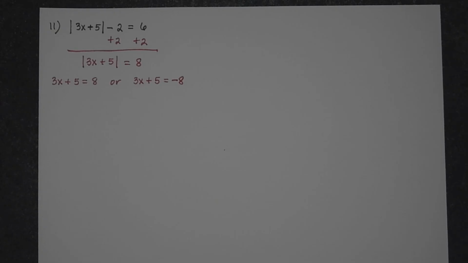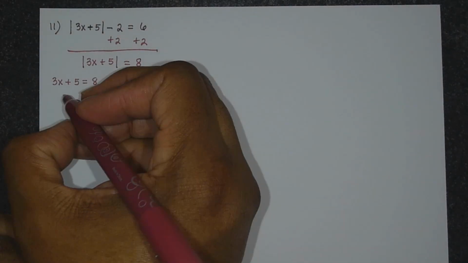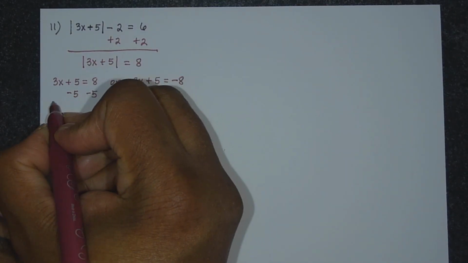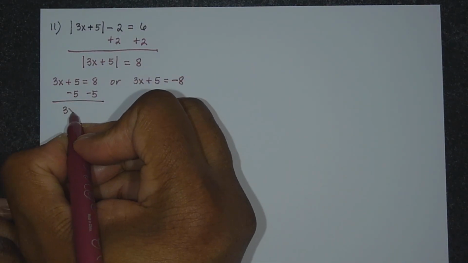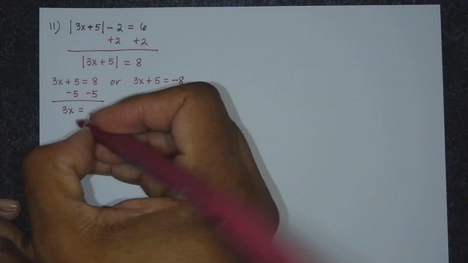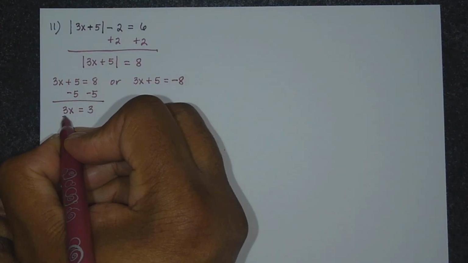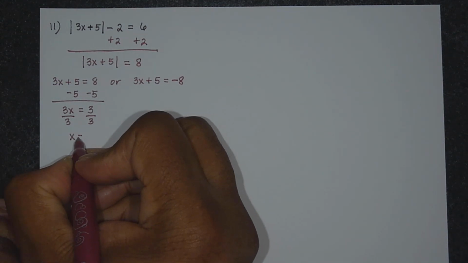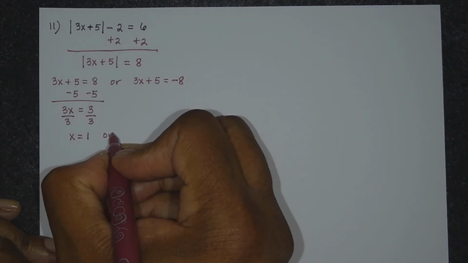So starting with 3x plus 5 is equal to 8, what do I need to do first? Subtract 5. So that means I have 3x is equal to 3. Divide both sides by 3. x will be equal to what? 1.